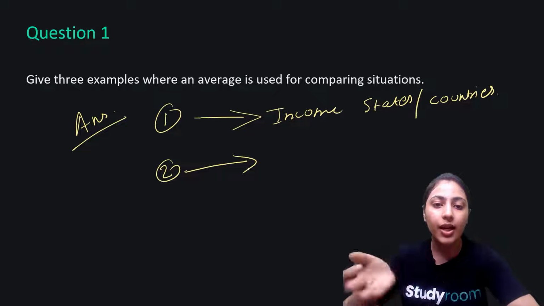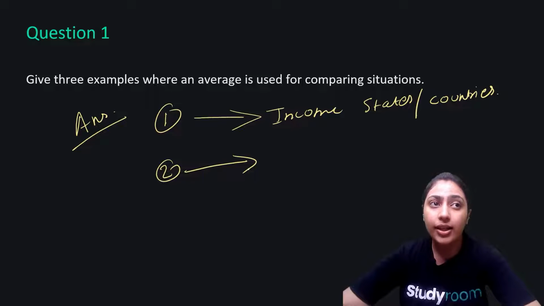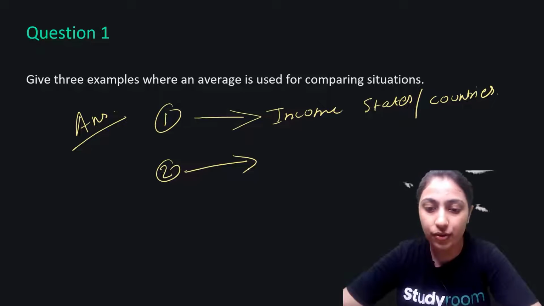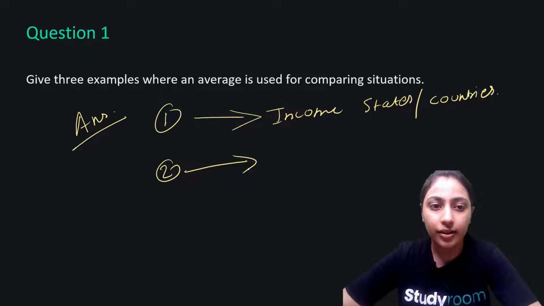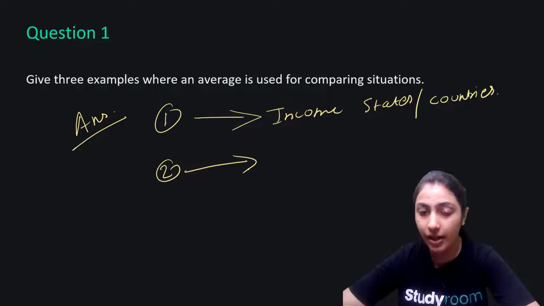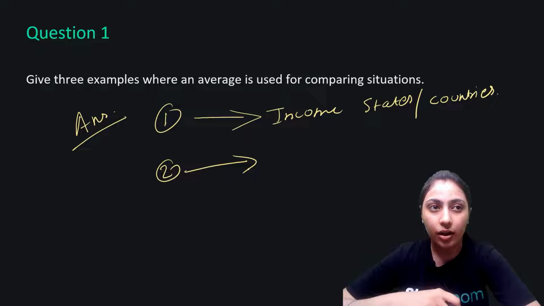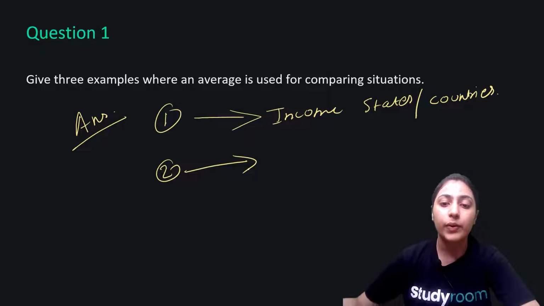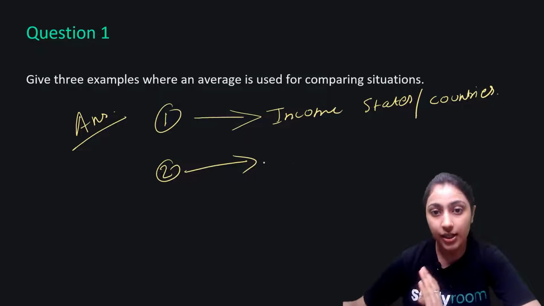Second, let's see, what can we have second? Yeah, just thought now, whenever we need to count males and females in a particular state, let's just take Delhi. For example, we want to count males and females in Delhi.